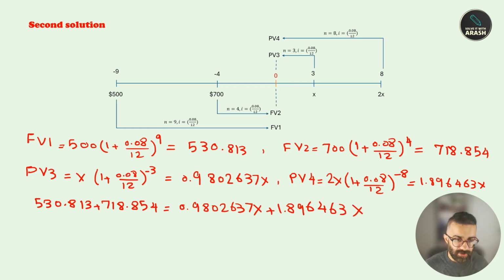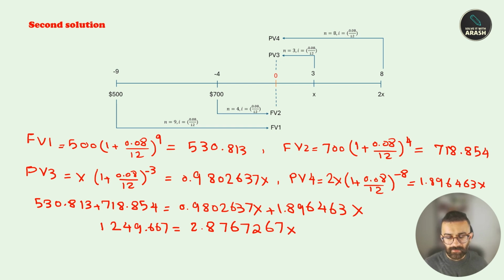The left side of the equation is 1249.667 and the right side is 2.8767267 times x. Now divide the equation by the coefficient of x, then we will find that x equals 434.41 and 2x equals 868.82. As you can see, using both solutions, we found the same answers for x and 2x.